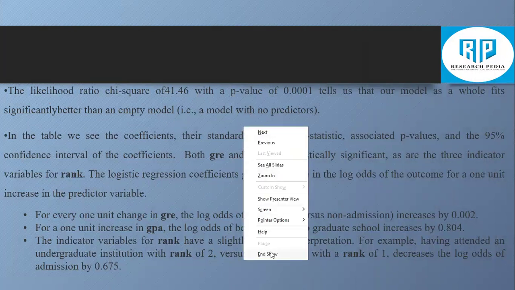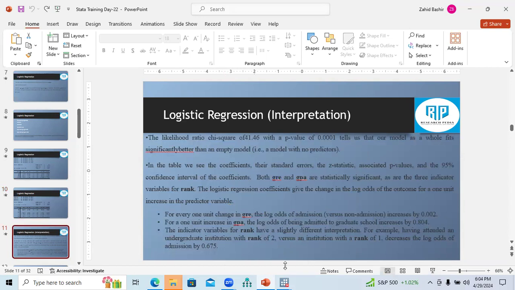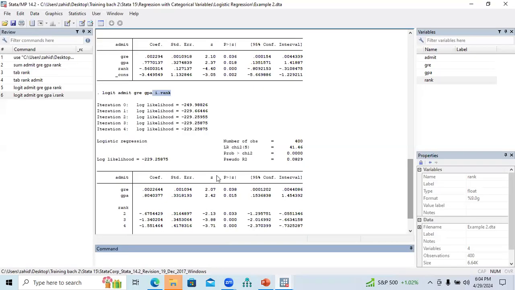If we see here in our results, these are the log likelihood values. This is basically the basic log likelihood value. And always remember that if our model is empty and we have considered the logit model, it is statistically fit here because the probability greater than chi-square is less than 5%.